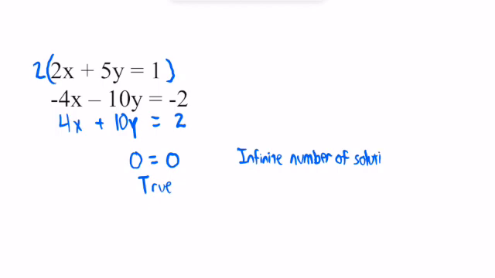There would be infinitely many points that would make both equations true. And a vocabulary word we use to describe that would be to say that this is a dependent system of equations.